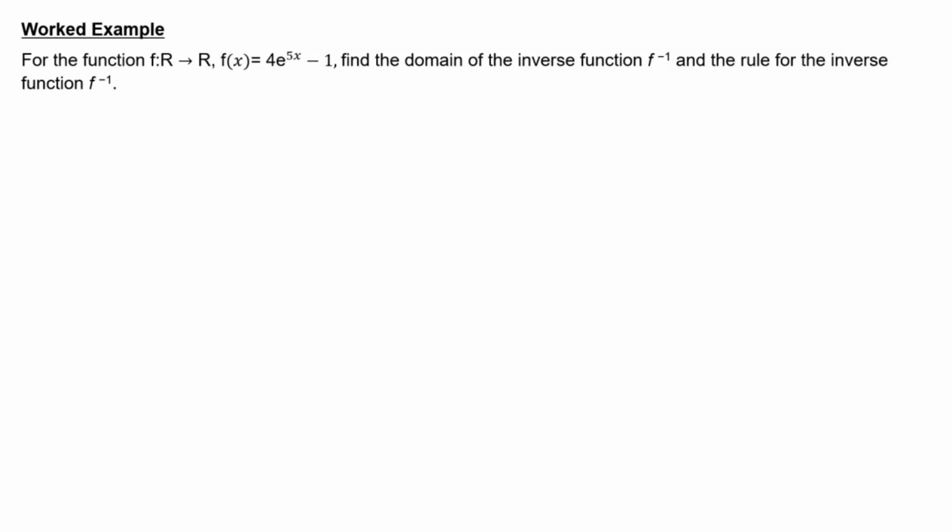First and foremost, the domain of the inverse is the range of the original function. Obviously this forms an asymptote. It's an exponential function, so definitely it forms an asymptote. So the asymptote is -1. So the range of the original function, the range of f of x, is basically -1 to positive infinity.